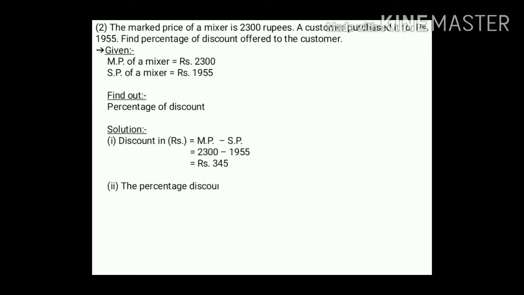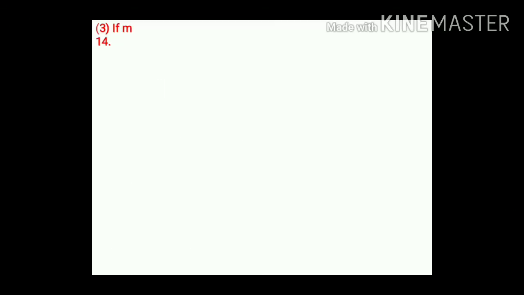The percentage discount equal to discount upon MP into 100. So what is the discount in rupees we got children? 345 upon 2300 into 100. 20 get cancelled children and we get 15%. Answer: the discount offered is 15%.